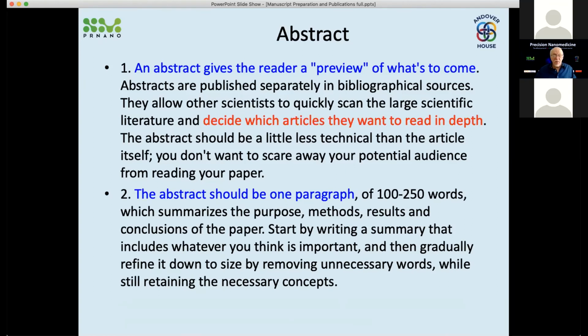It should be one continuous paragraph, not too long. It summarizes the purpose, methods, results, and conclusions. With practical sense, you start by writing a summary that includes everything, and then cut it down and leave out everything that is not important for the point, then make it easy to read.